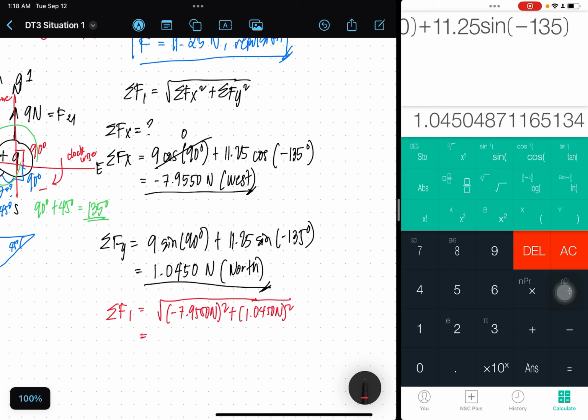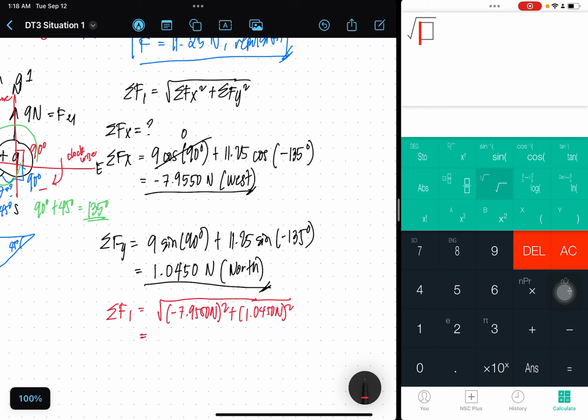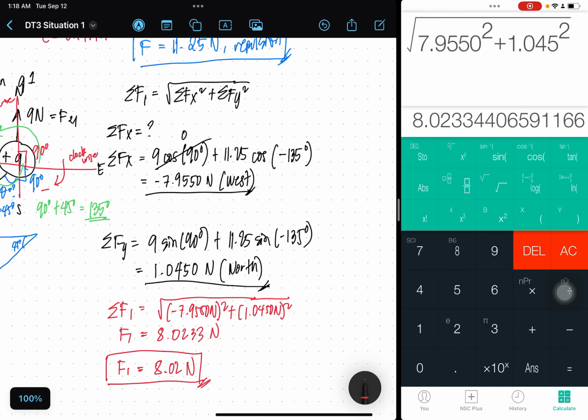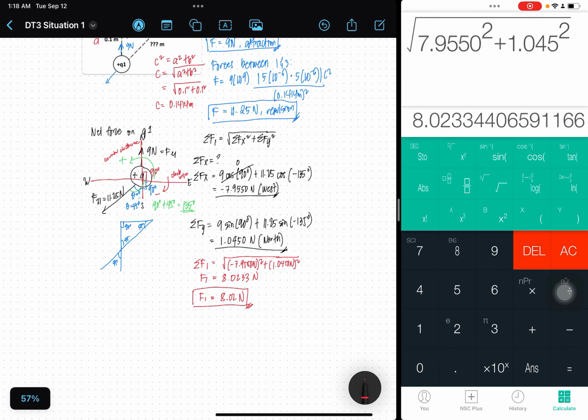So, kung ikakalkyo po natin yan, square root of 7.9550 squared plus 1.0450 squared. Equivalent po kay 8.0233 Newton. Okay? So, the direction ng force na nandiyan.